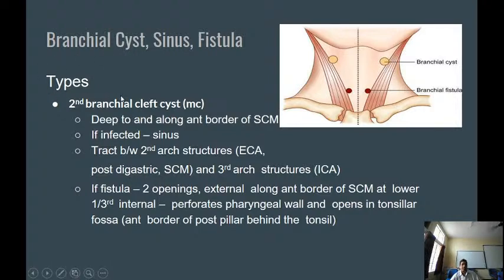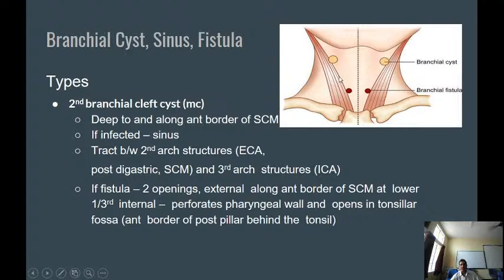So the common type is the second branchial cleft cyst. These are situated at the junction between the upper third and the lower two thirds of the anterior part of the sternocleidomastoid, and that's called the branchial cyst.